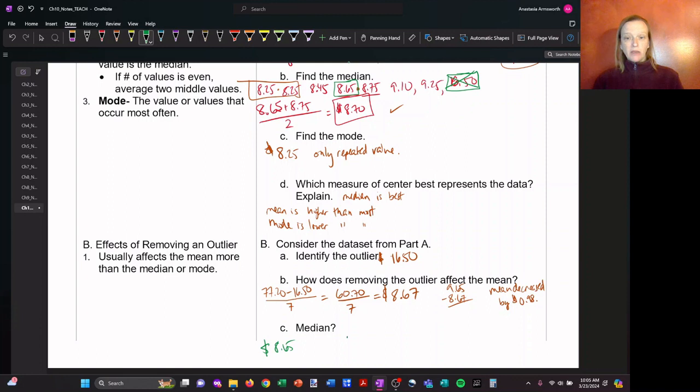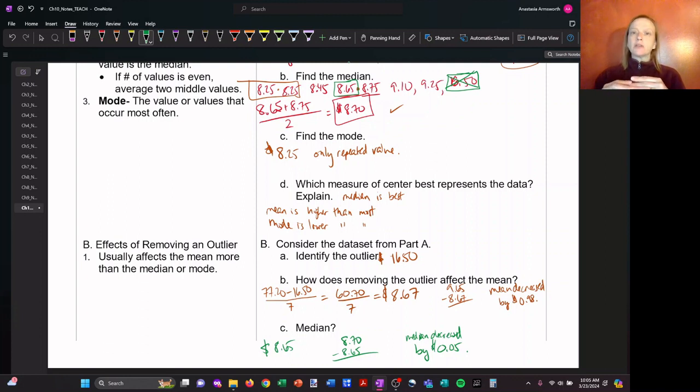Well, my old median was $8.70. My new median is $8.65. And so the median decreased by 0.05, 5 cents. So when you remove an outlier value, the median also changes, although by a lesser amount than the average changed.